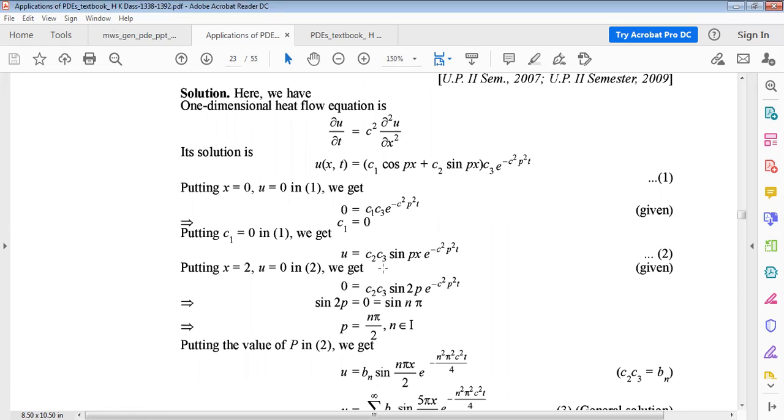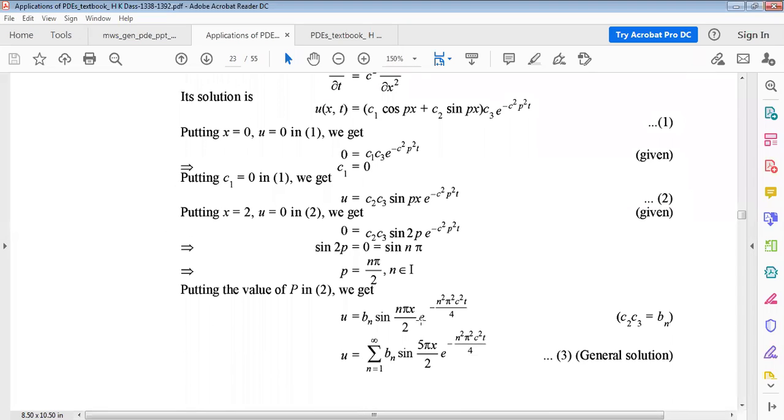This can be written as sin 2p equals 0, and 0 means sin n pi. So p can be written as n pi by 2, where n belongs to the integers.